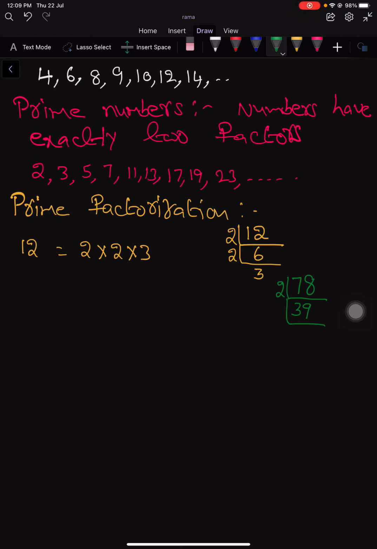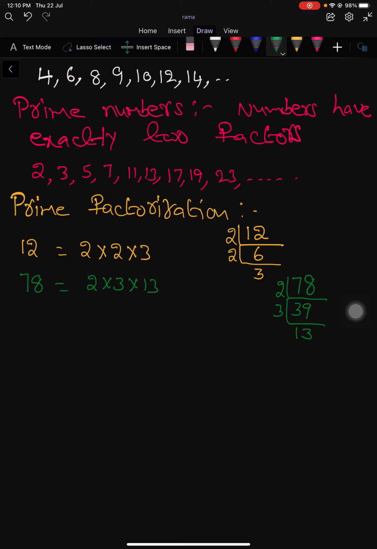Again, this 39 is not divisible by 2. It is divisible by 3. 3 ones are 3. 3 threes are 9. 13 is not divisible by any other number. So it is a prime number. You can stop here. So 78 is equal to 2 into 3 into 13.